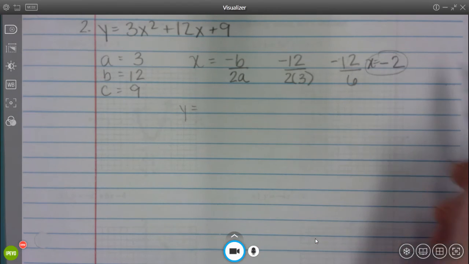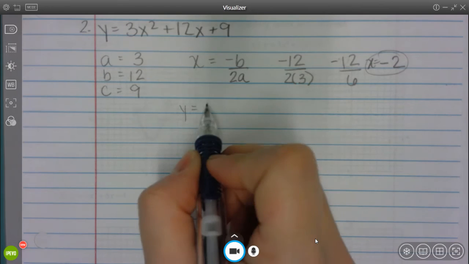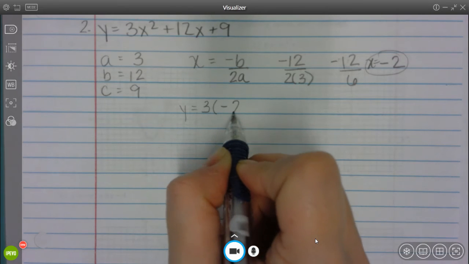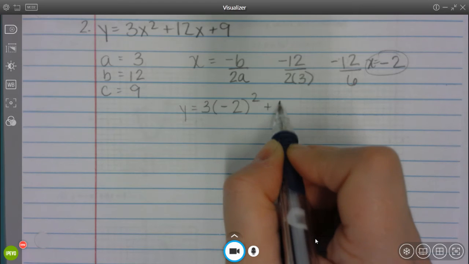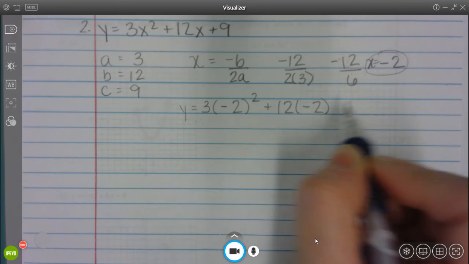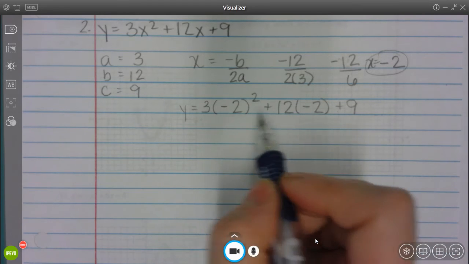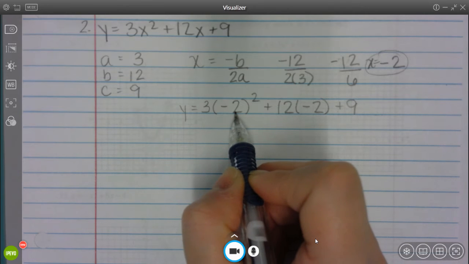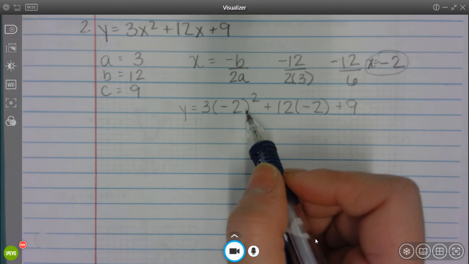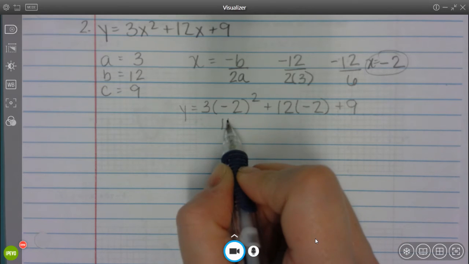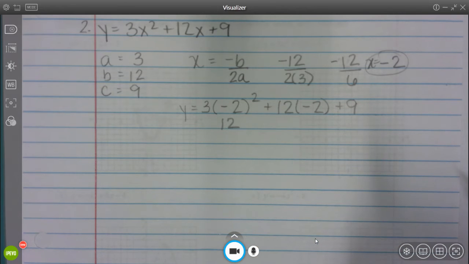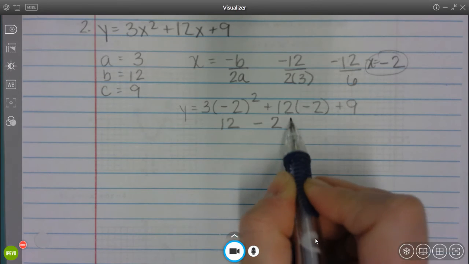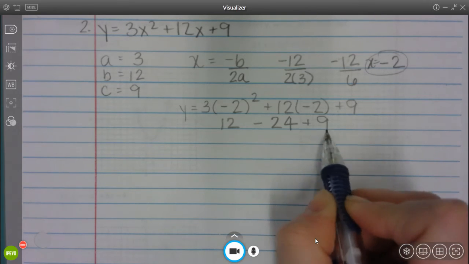And now I'm going to take that x value and substitute it into my equation. So I'll have 3 times -2 squared plus 12 times negative 2 plus 9. 2 squared is 4 times 3 is 12. 12 times negative 2 gives me negative 24, and then plus 9.